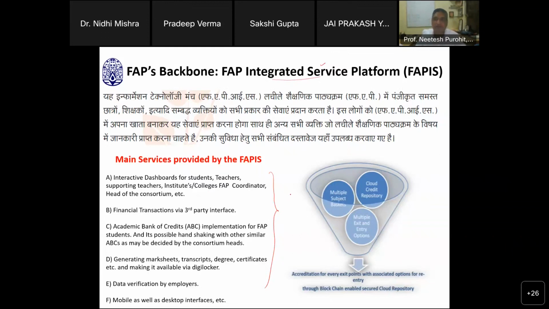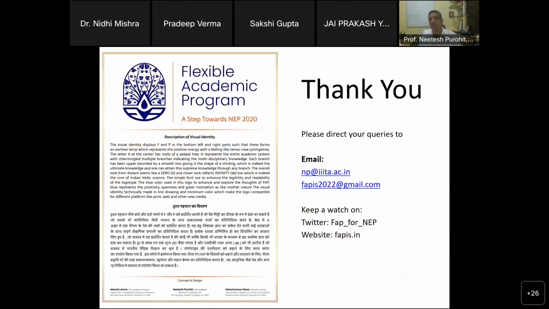You might have also seen in newspapers that different institutes and universities are offering digital degrees in online mode. The Government of India has also started the centralized Academic Bank of Credits system. All these are required to be integrated, we are working towards it, and we are hopeful that it will be done very soon.